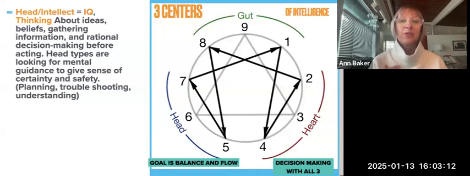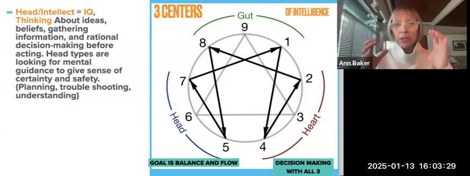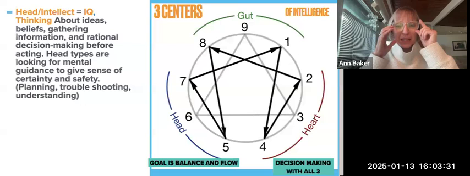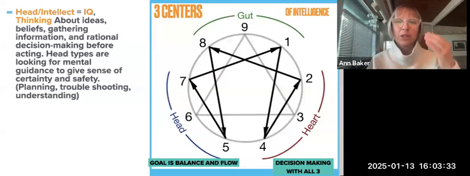A lot of their strengths and weaknesses, or if you think about it as assets and liabilities, are related to the same center. And each type within each center really filters reality through that lens. It's like another lens. Our type structure is a lens, and then which center we're operating through is another lens.